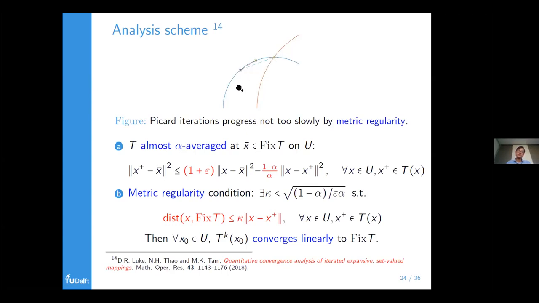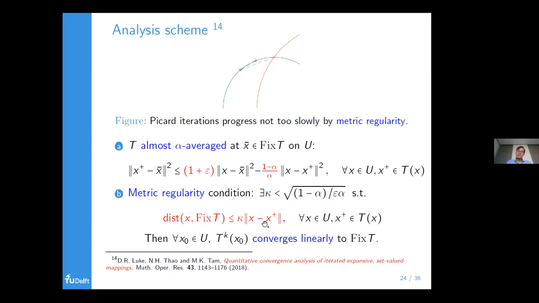And the second condition is that the problem is regular around the solution. This regularity condition compensates for the possible expansiveness of the other mapping.